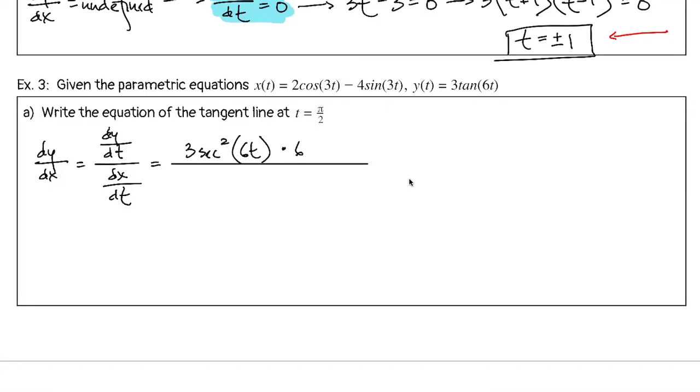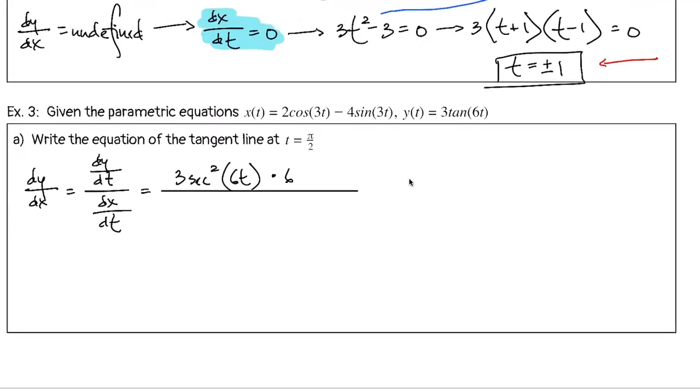And then if we take the derivative of the x, same thing, we're going to need chain rule for both parts. And so the derivative of 2 cosine 3t is going to be negative 2 sine of 3t times 3. That takes care of the chain rule for the first part. And then minus 4 cosine 3t times 3, and that would take care of the chain rule for the second part.